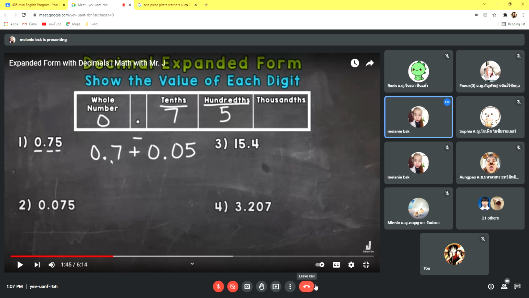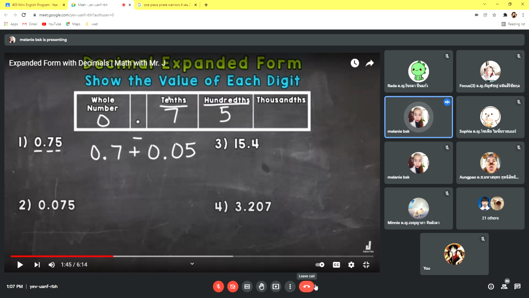It's just a decimal point, children. So you're going to put 7 in here, and first you're going to put what, children? Decimal point. This one, he just put 0 in here because it doesn't have a whole number. So we have 0.7, and then you're going to use plus, and then you're going to, what, children?